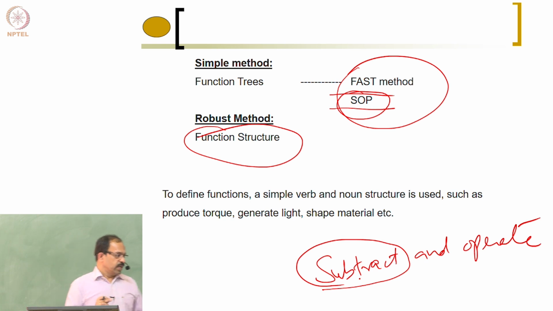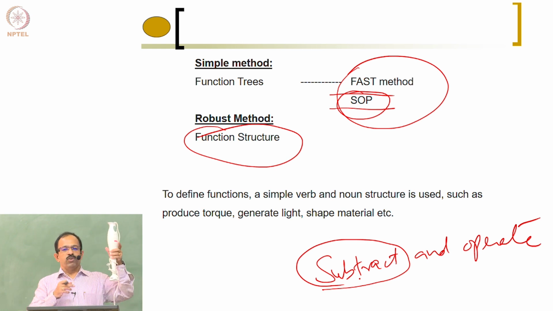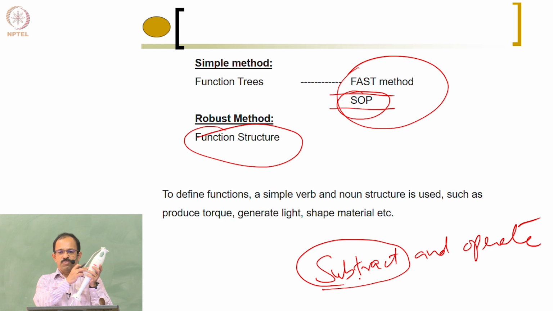For example, suppose I remove this shaft from here and I try to operate this, what will happen? You don't get the blades rotating, right? So the rotation of the blade and transmission of torque you don't get. Then you know what is the role of this shaft.